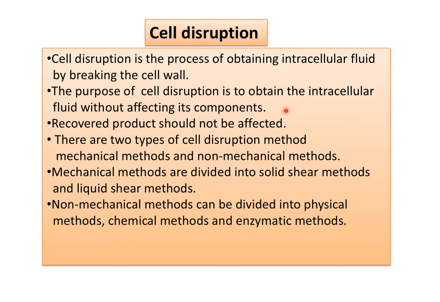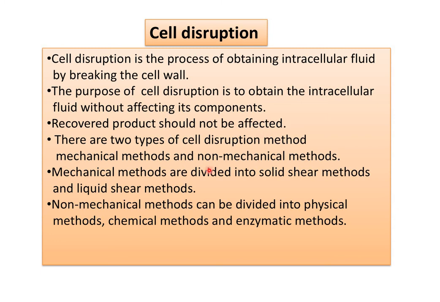If the intracellular components are affected, that means there will be some kind of loss, and the final product is going to be affected if this process is disturbed. Then the recovered product should not be affected.